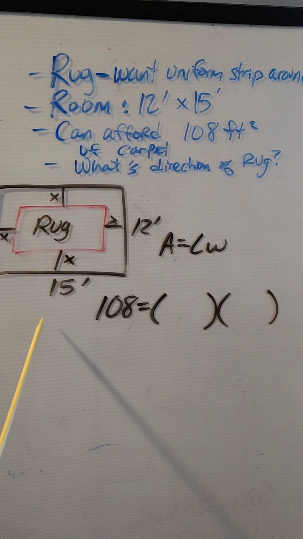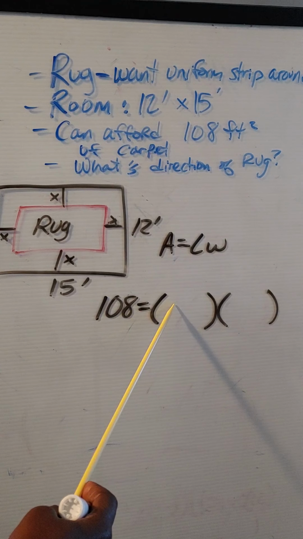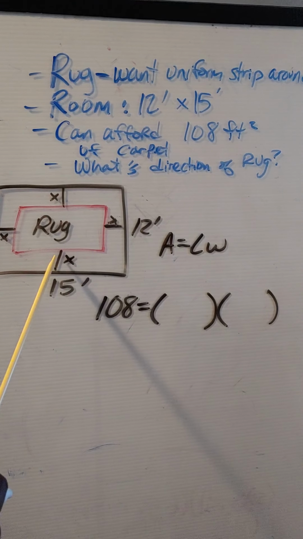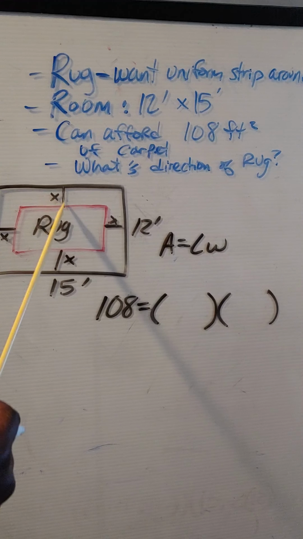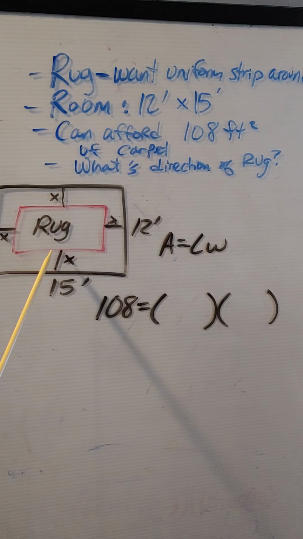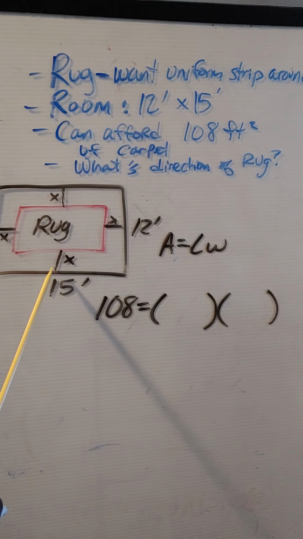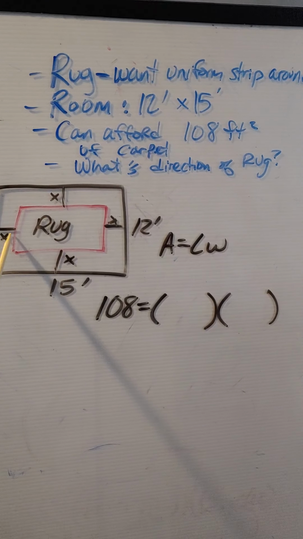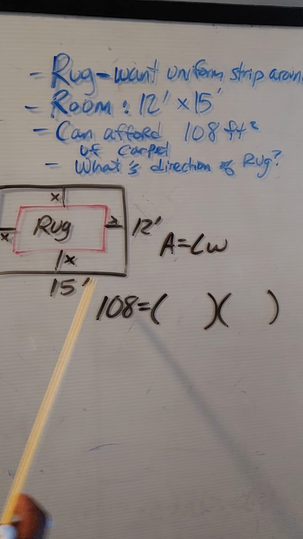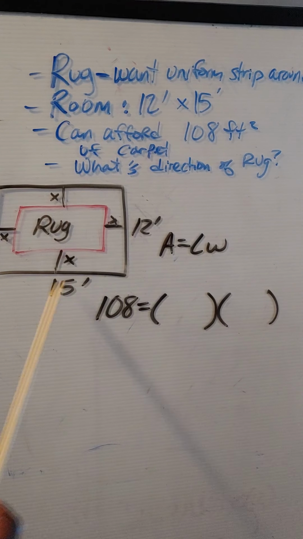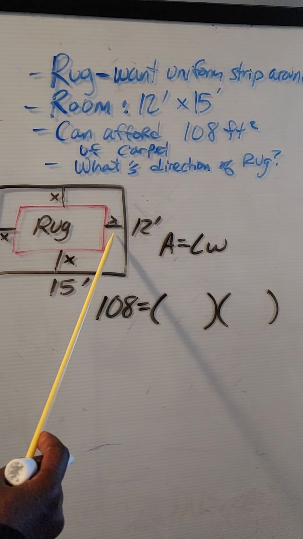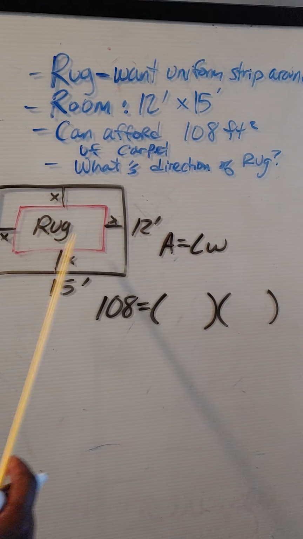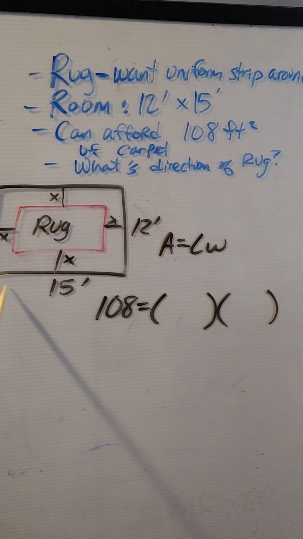If I start with 15 feet, I'm not going to place a 15 here, because very clearly I've cut out a space here and I called it X, and a space here and I called it X. How many of these X's did I take out for my length? 1, 2.